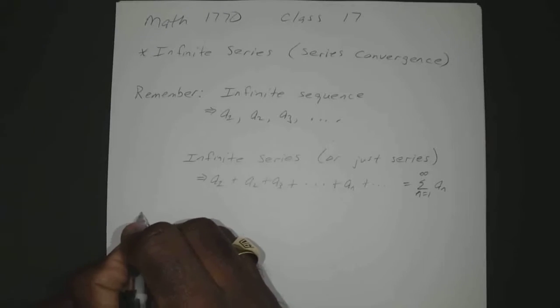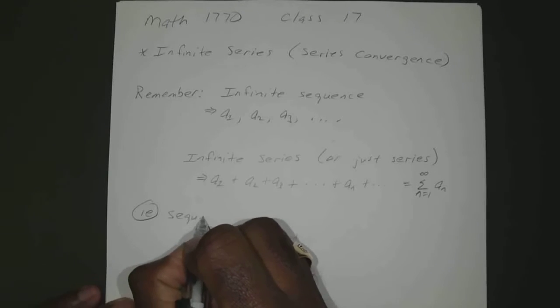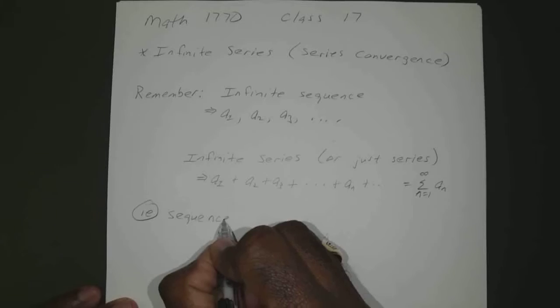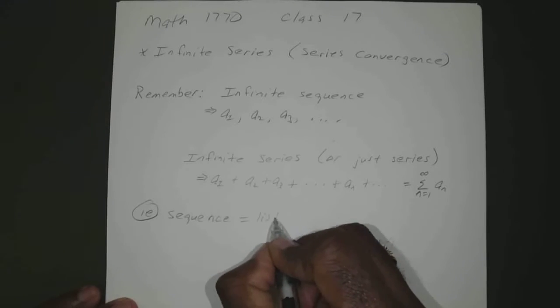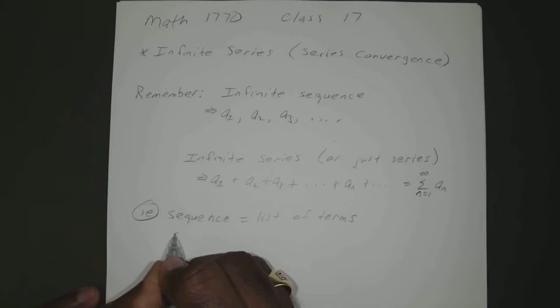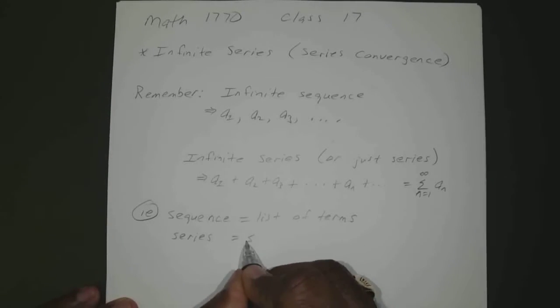Okay, so in other words, the sequence is a list of terms, and a series is the sum of terms.